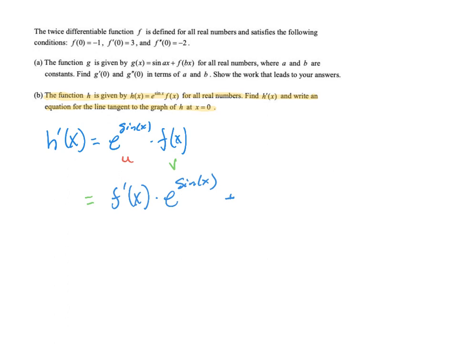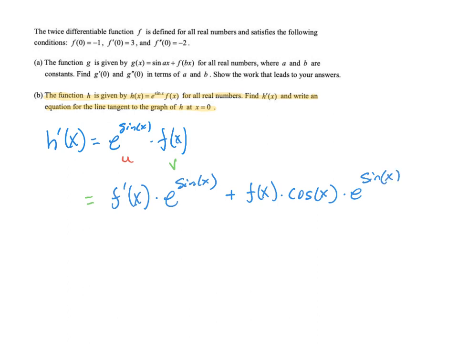E to the sine x is just e to the sine x, but because of the chain rule, we got to put a cosine in there. So let's just put plus f of x times cosine x for the chain rule times e to the sine x. There's no negative sign in there. I think I might have mentioned that, but that was wrong.